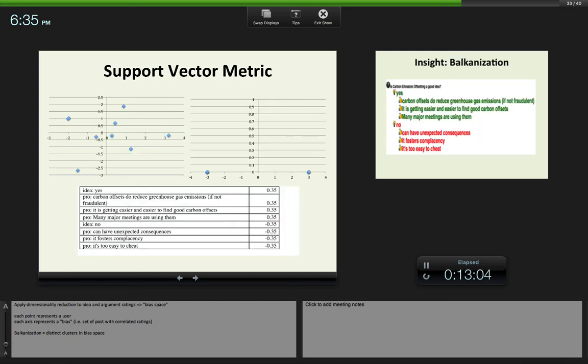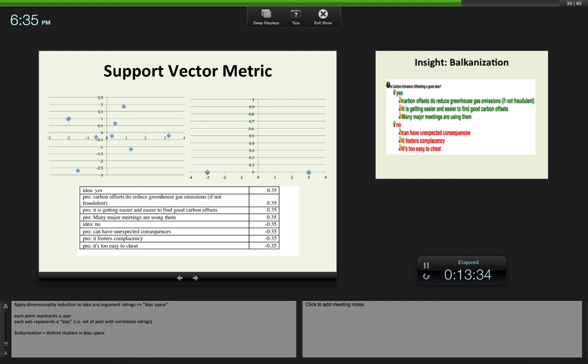But if we apply one of the metrics from the Catalyst server, in particular the support vector metric, which is a kind of eigenvector analysis, we could see that the ratings for the posts in group 1 do not cluster in any particular pattern. That's the scatter plot on the left. While in group 2, the ratings made by the users cluster into 2 distinct groups.